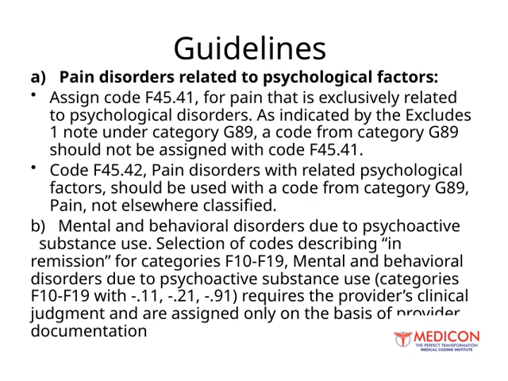Ultimately, accurate coding depends on careful interpretation of the provider's documentation and understanding these specific guidelines, which help ensure our coding is precise and consistent within the overall framework of psychiatric and pain disorder classification.